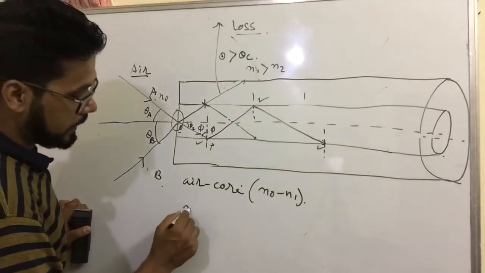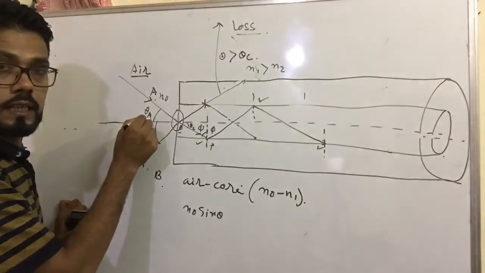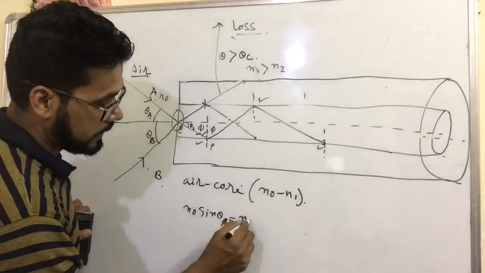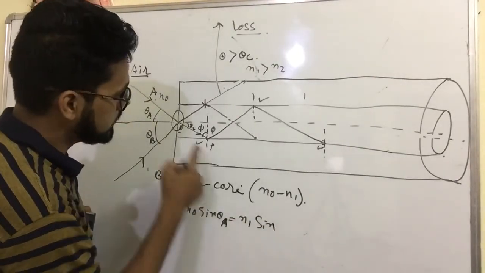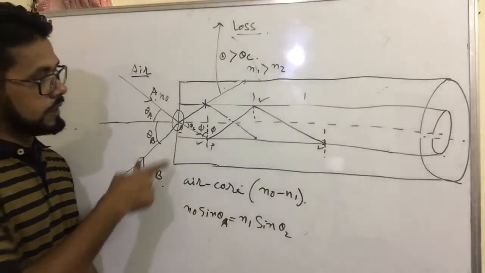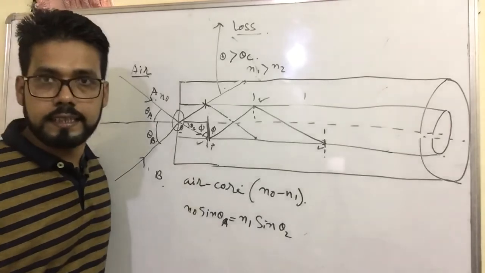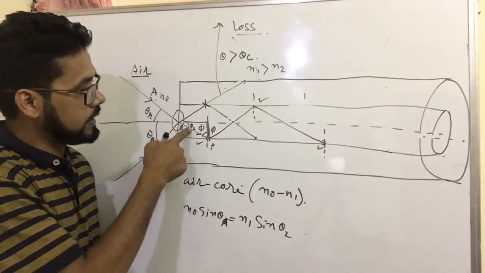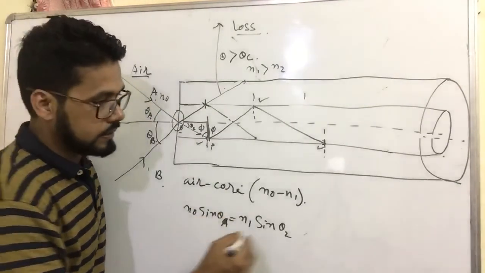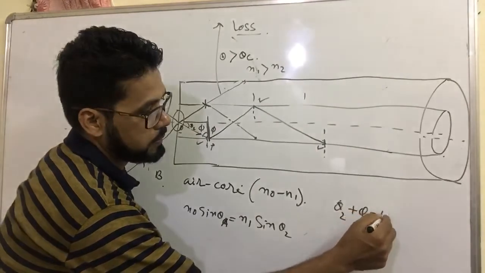So what happened? N0 sin theta A, where theta A is the incident angle theta 1, equals N1 sin theta 2. Now we get theta 2. If you see this angle, this is a right angle, so theta 2 plus phi equals 90 degrees, that is pi by 2.